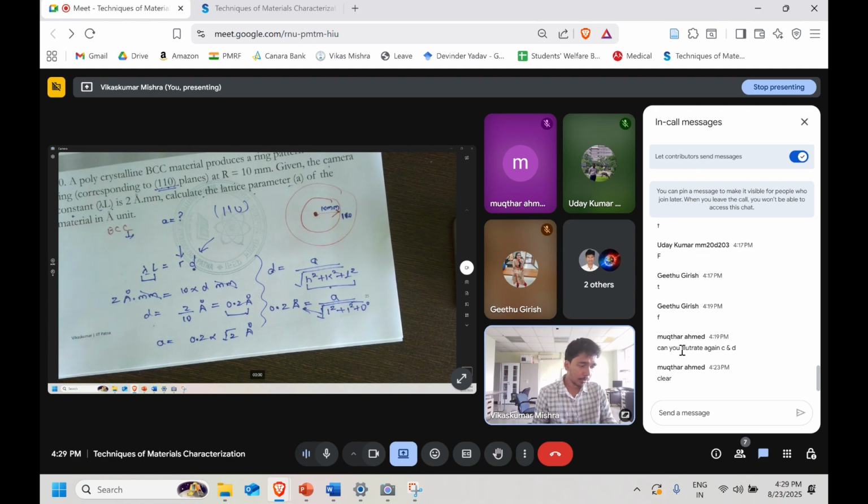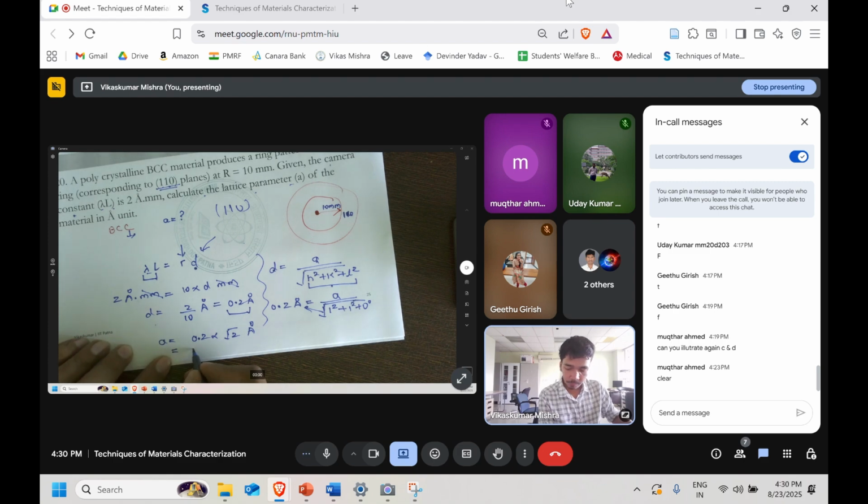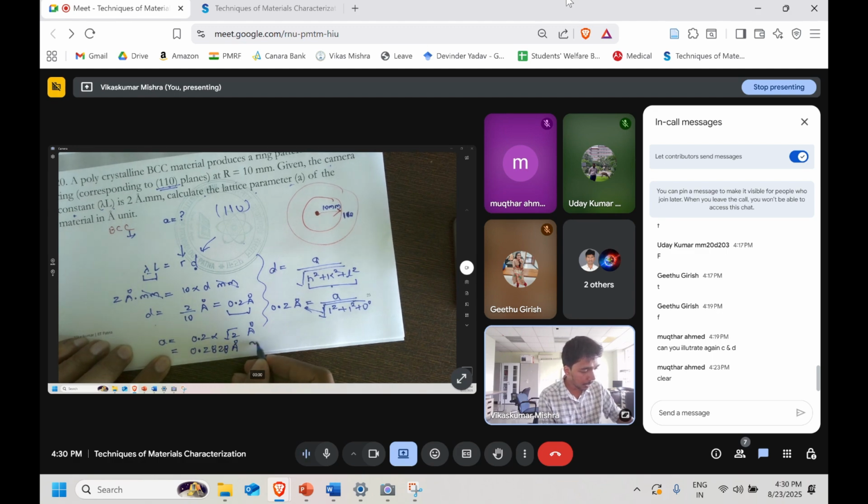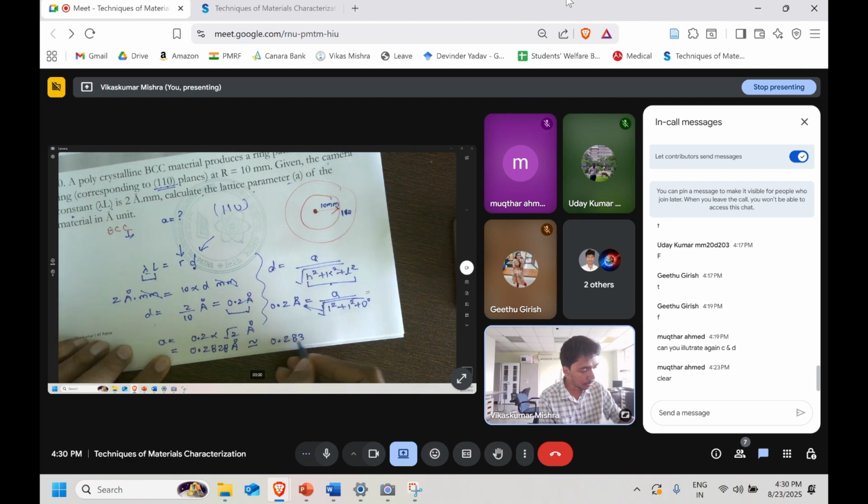Okay, now we can multiply, we can find the answer, root 2 multiplied by 0.2. So the lattice parameter here is 0.2828 Angstrom. I can approximately write it as 0.283 Angstrom.